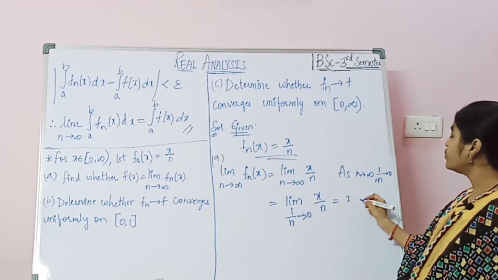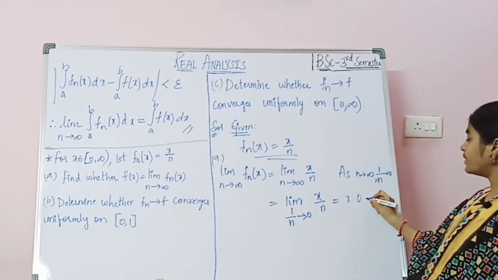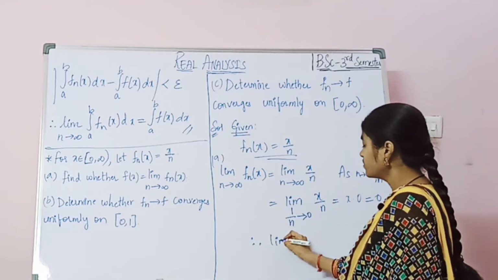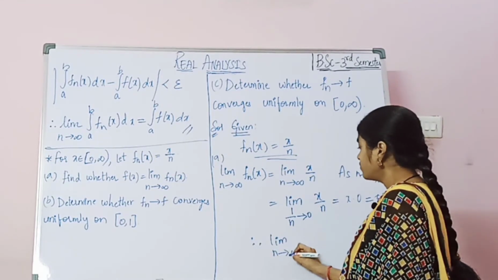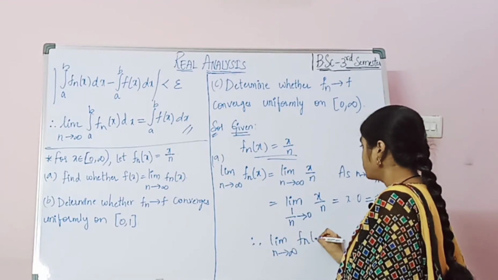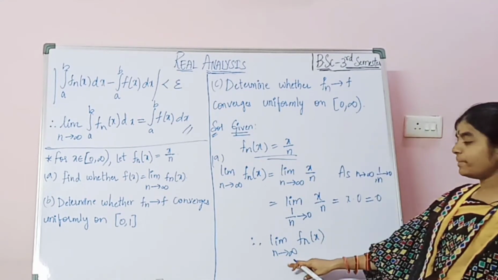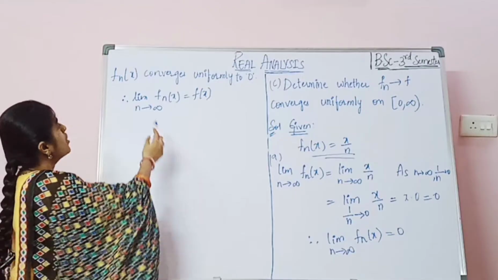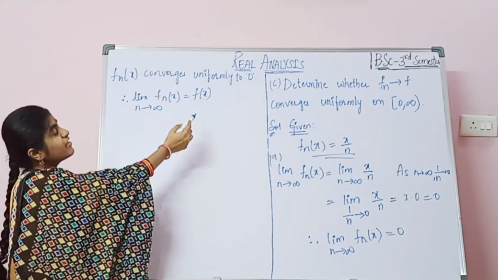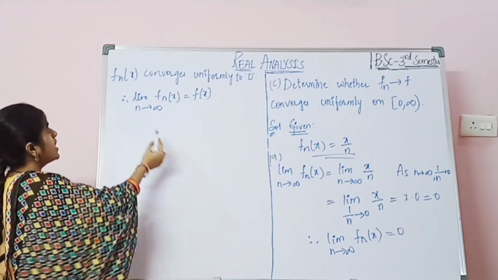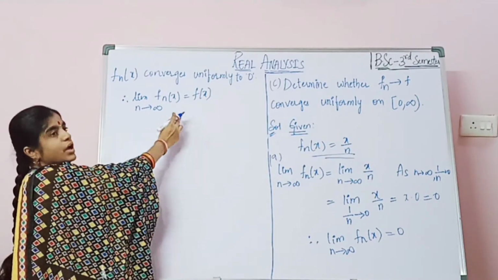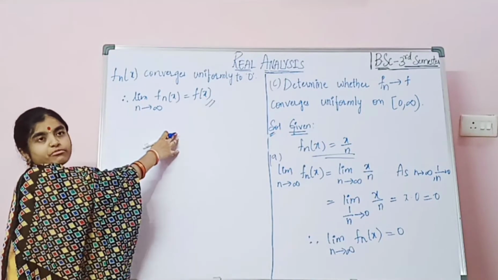So x into 0, which equals 0. Therefore limit n tends to infinity fn of x equals 0. So fn of x converges to 0. Therefore limit n tends to infinity fn of x equals f of x. This is the solution for the first bit.